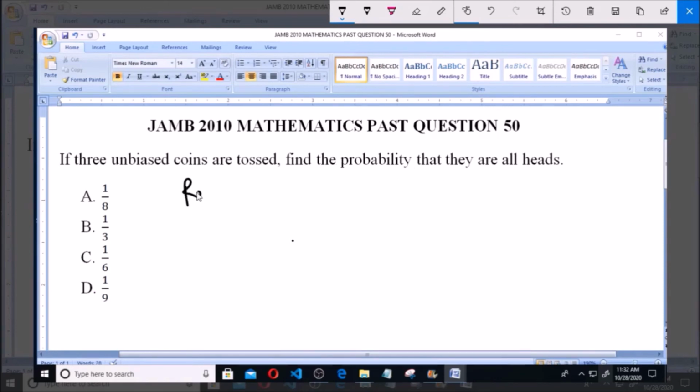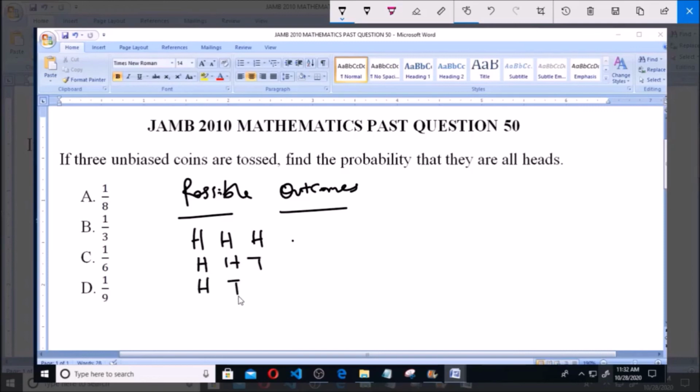Now let's look at the possible outcomes. When 3 unbiased coins are tossed, it's either we have head, head, head, or head, head, tail, or head, tail, head, or head, tail, tail, or tail, tail, tail, or tail, tail, head, or tail, head, head, or tail, head, tail.